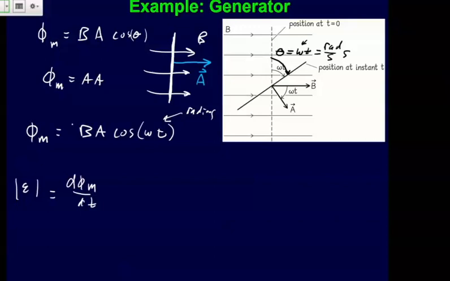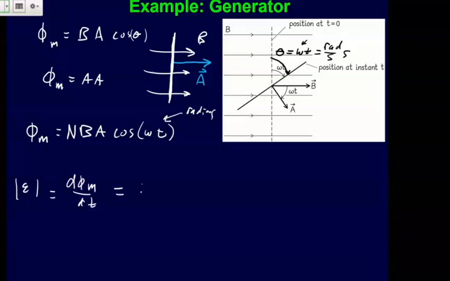For one loop, that flux is BA times cosine of omega t. But typically, to maximize what's going on, you'll put a whole bunch of loops in there. When you see a generator, there's usually a whole bunch of loops, and that N is just what we put in there. The flux for one loop is BA cosine, and the flux for 100 or whatever it may be would be N BA cosine.